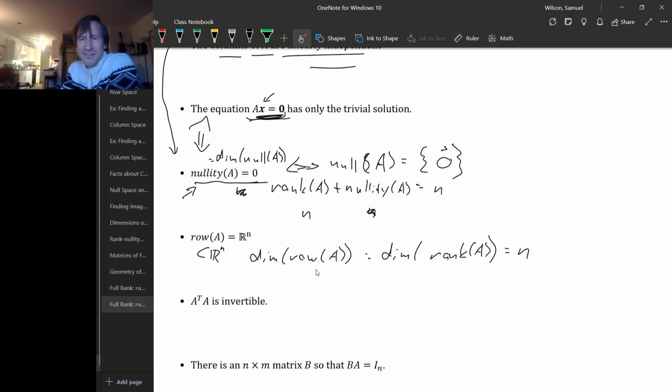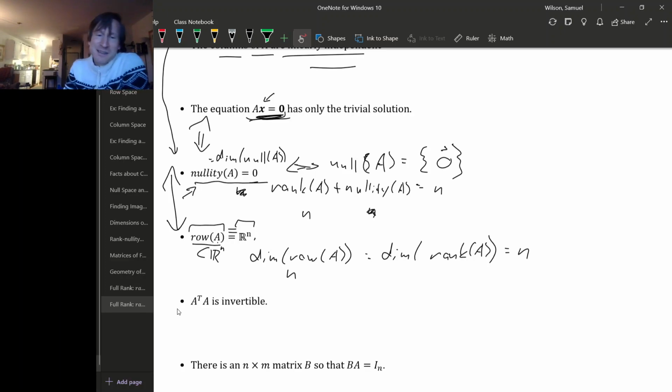So here we have a dimension n space sitting inside Rn. That means they have to be equal. That's something that we proved a while ago. And vice versa. If Rn is equal to the row space of A, then the dimension of the row space of A is n, but that means that the rank has to be n by definition. So this implication goes both ways.